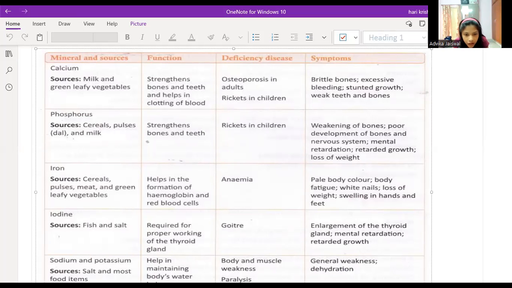Diseases: goiter, enlargement of the thyroid gland, mental retardation, retarded growth.